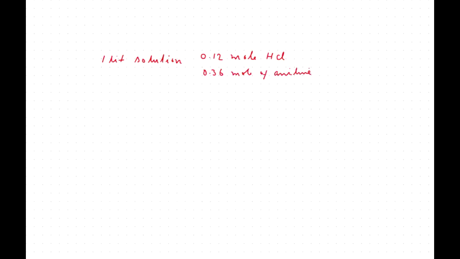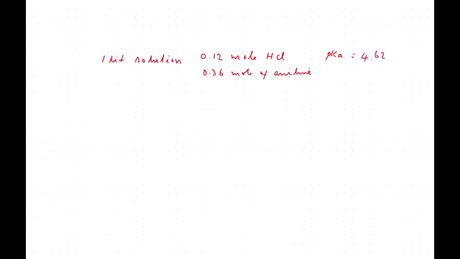You have to find out the pH of the resulting solution, where the pKa of aniline is 4.62.